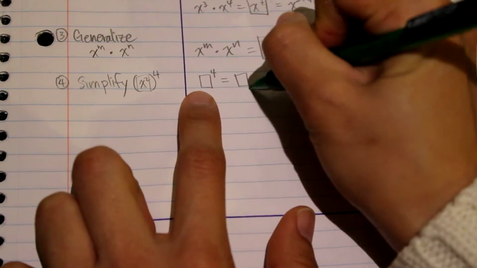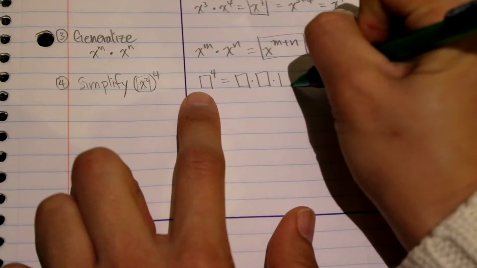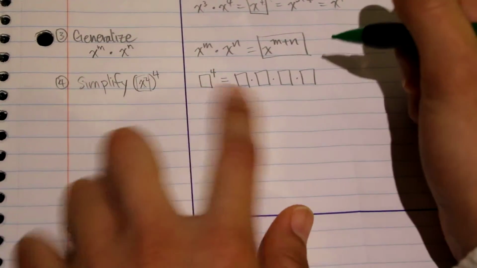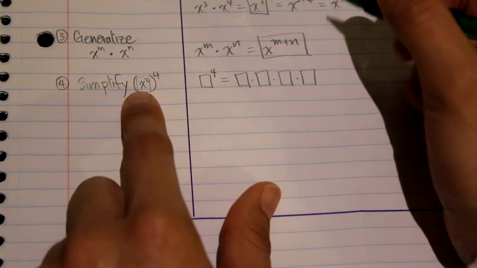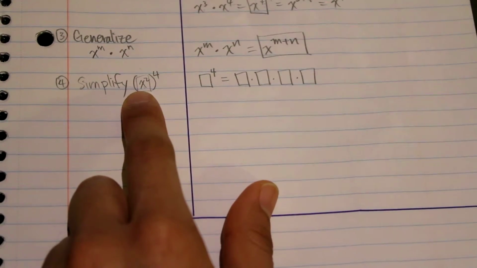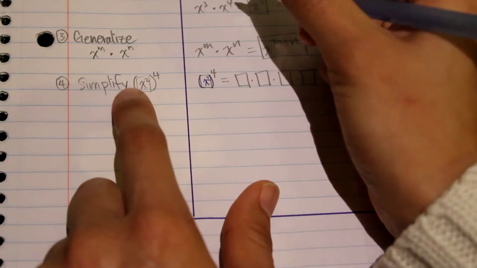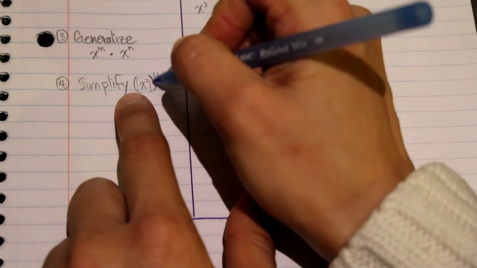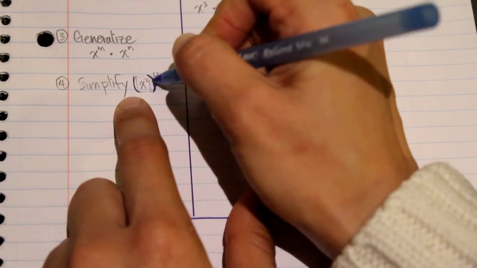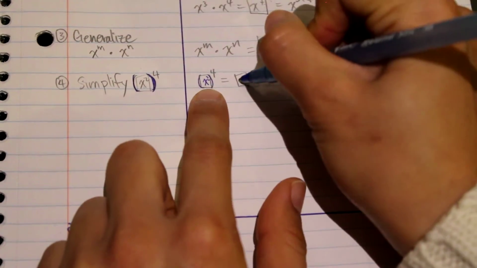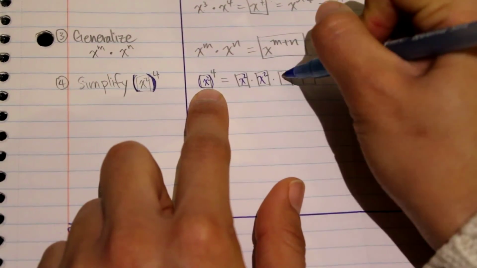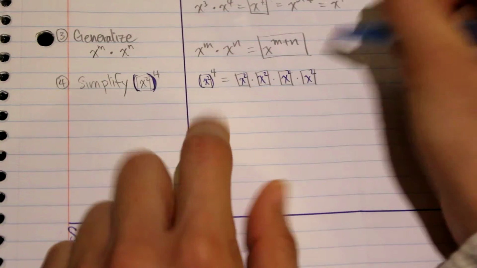Blank times blank times blank times blank, 4 times. And now we can fill in the x squared. Remember parentheses and order of operations: whatever is in the parentheses, you have to stick together first. So x squared, x squared, x squared, x squared.